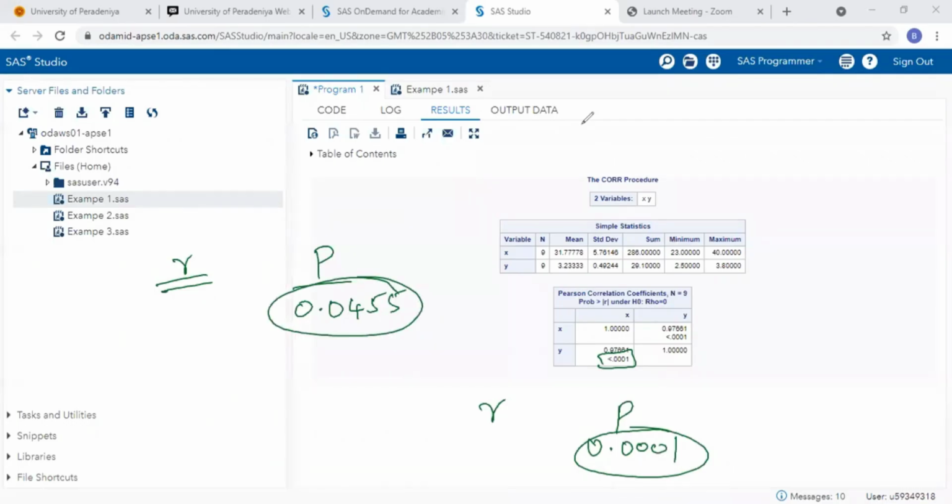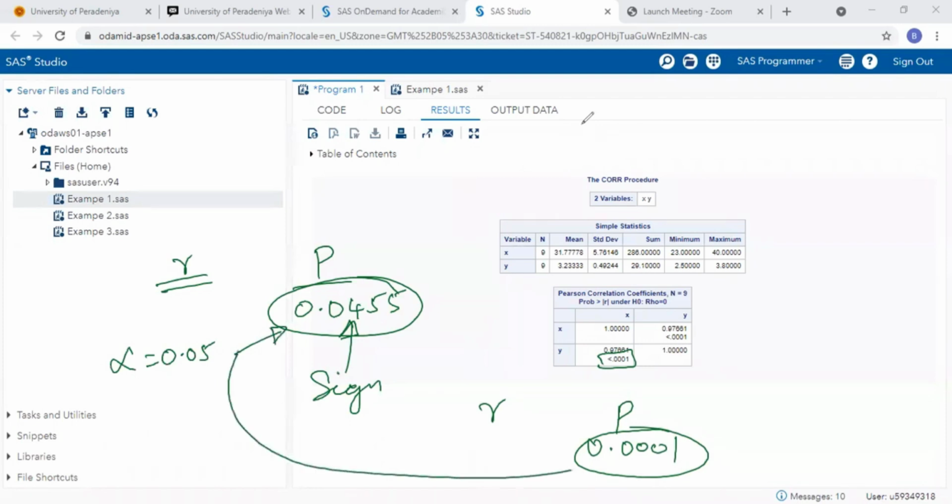By looking at these two, this is significant and this is also significant, because if you take the alpha value as 0.05, this value is also less than the alpha value. But there's a level of significance. Here we can say highly significant.